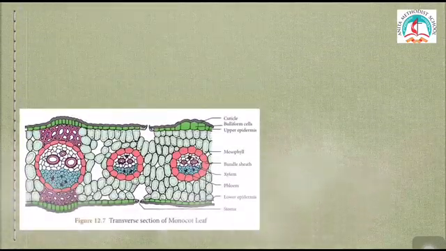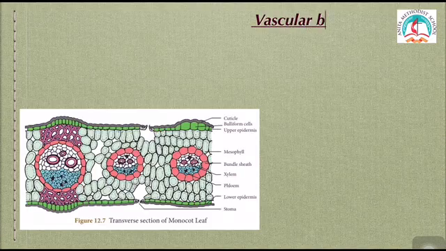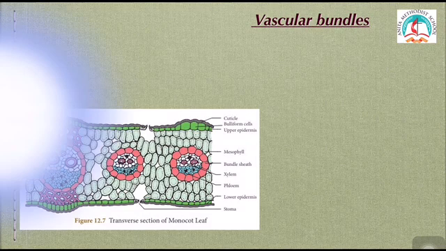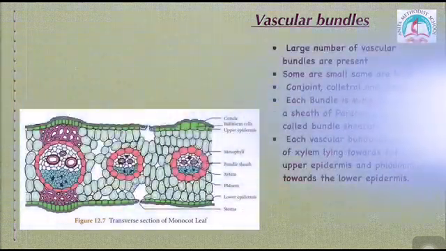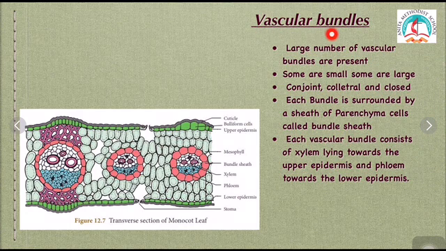The next structure is vascular bundles. Large number of vascular bundles are present, some of which are small and some are large. Can you see number of vascular bundles are present? You have 3 vascular bundles in this picture, and some are small, some are large.